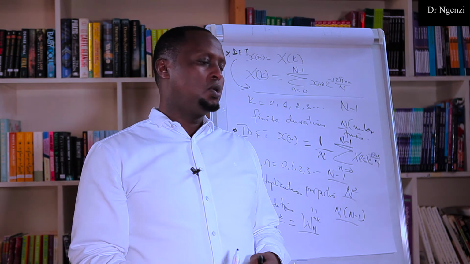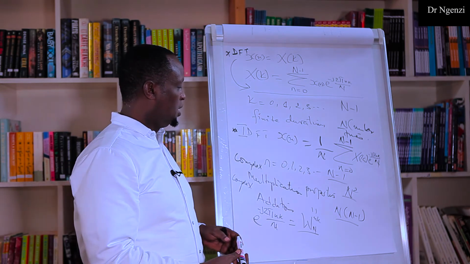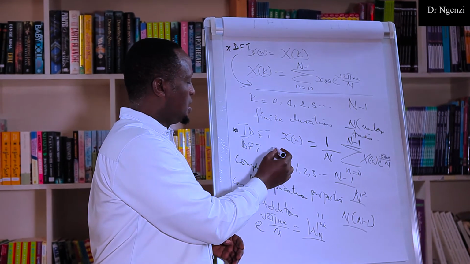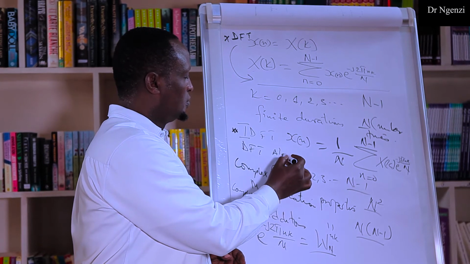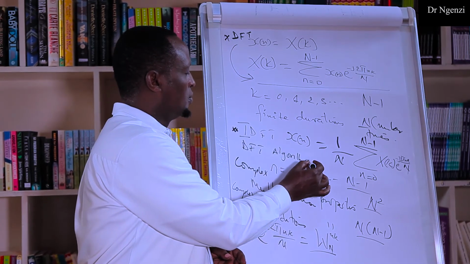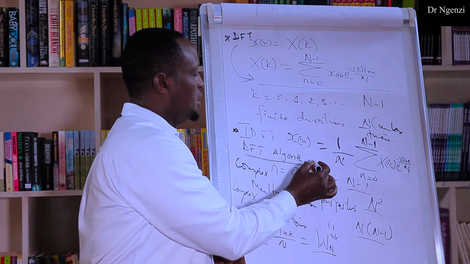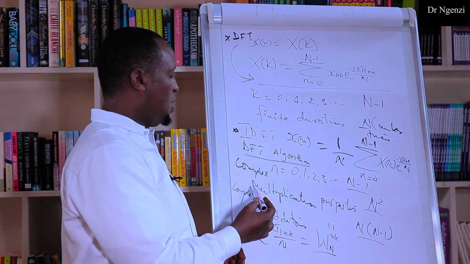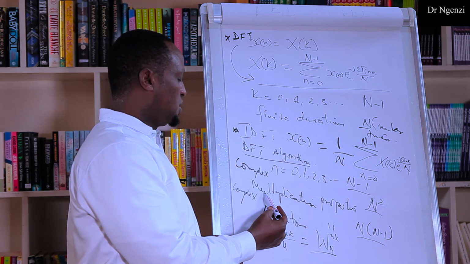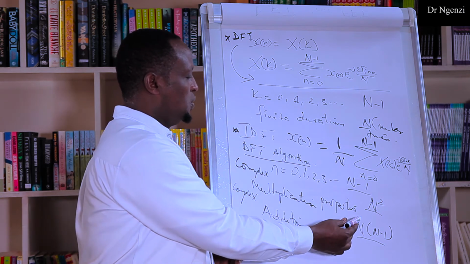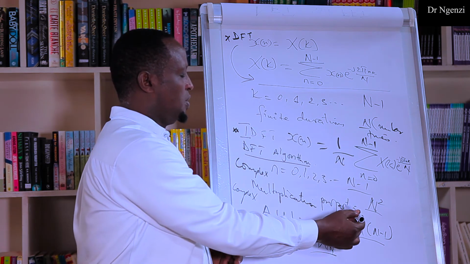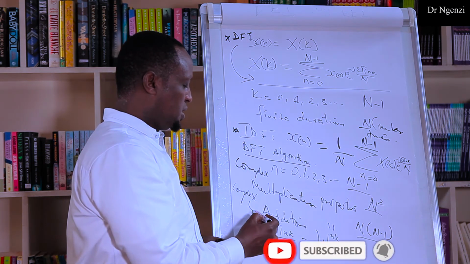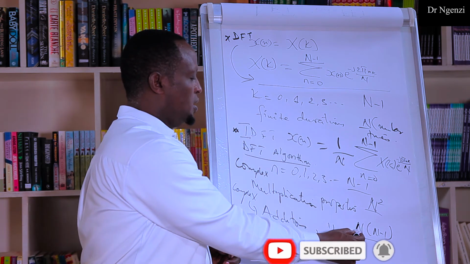I was talking about the DFT algorithm. In the DFT algorithm, we discussed the complex multiplication property, which is n squared, giving the number of computations in terms of n. There is also complex addition, which is n into n minus 1.